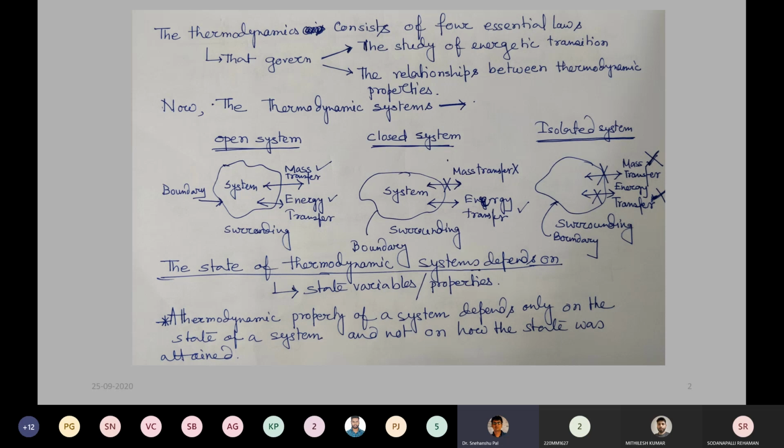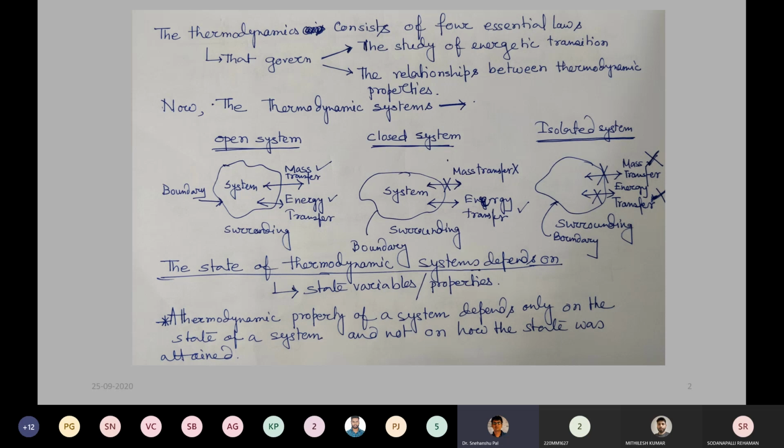So what is a system? A system is a part of the universe that you are concentrating on or considering, and you are studying that part of the universe. That is why it is a system of study or system of consideration.